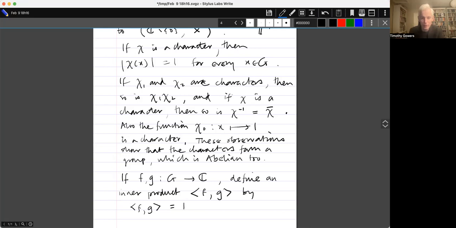Their inner product is the average over x of f of x g of x bar.